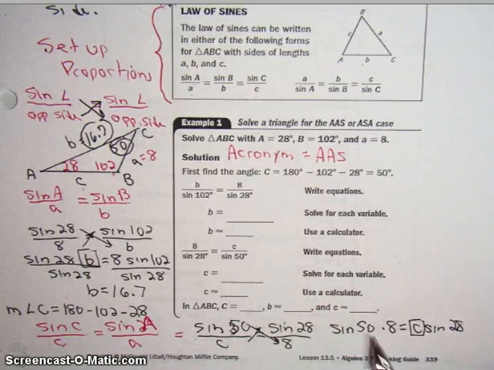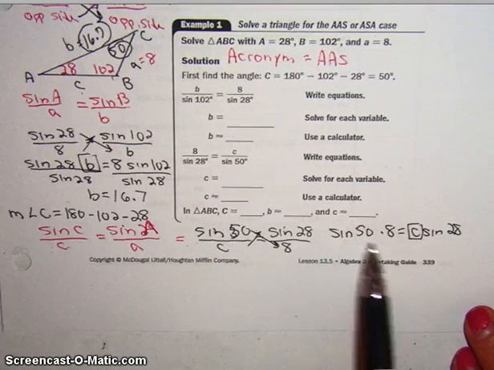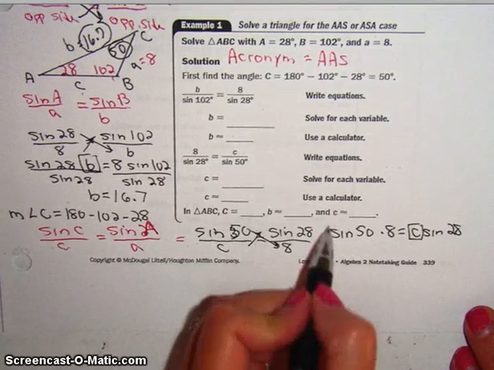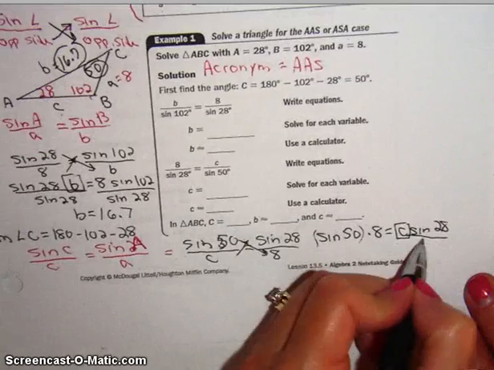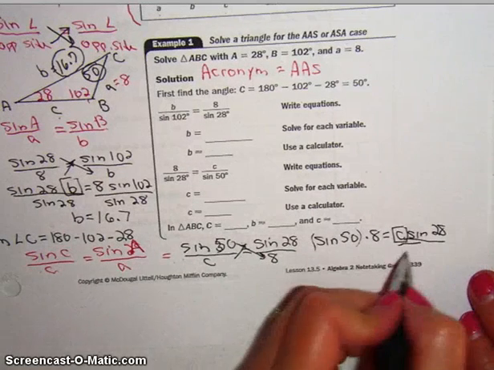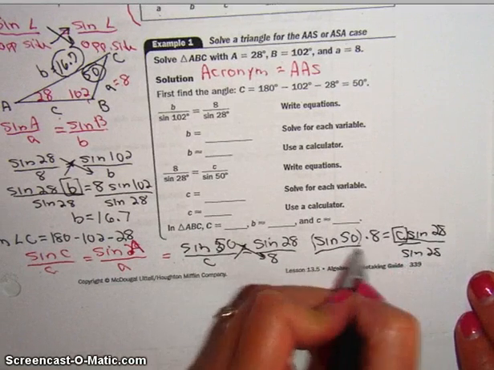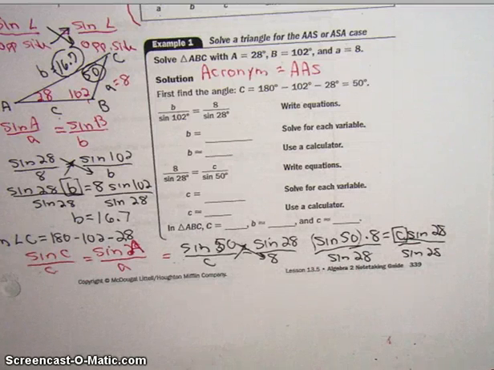Now just be careful. If you write this as sine of 50 times 8, don't do 50 times 8 and then take the sine of it. It's the sine of 50 and then times 8. And then we're dividing by sine 28. So sine of 50 times 8 and then divided by sine 28.